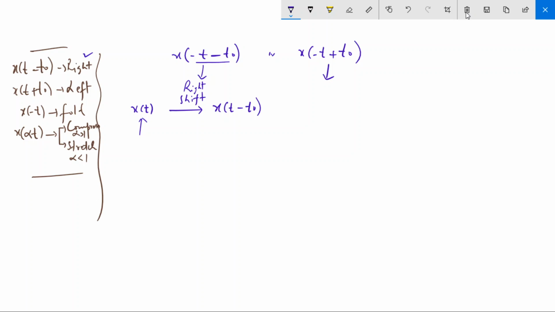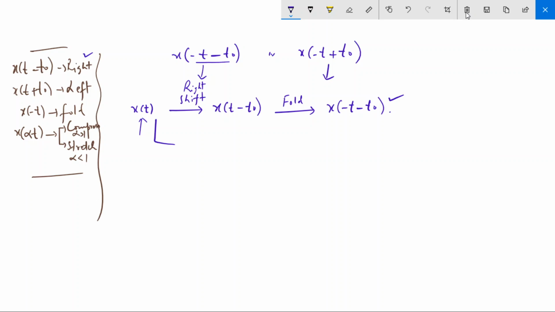If I shift this signal by t naught to the right, it will be transformed to x of t minus t naught, and then since we have to get minus t also, you will fold it. When you fold it, your t simply becomes minus t. This minus t naught will not change, so it will become x of minus t minus t naught. Okay, so if you want to achieve this, this is one way. You shift the signal to the right by t naught and fold it, and you get x of minus t minus t naught.